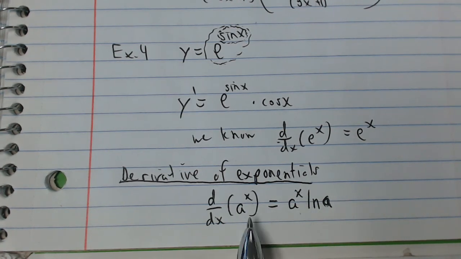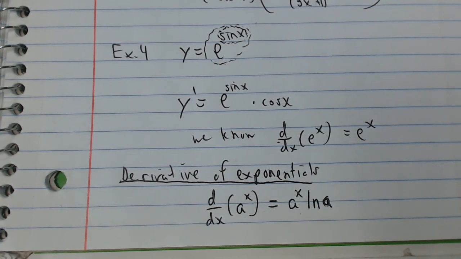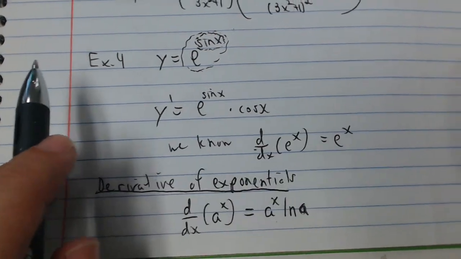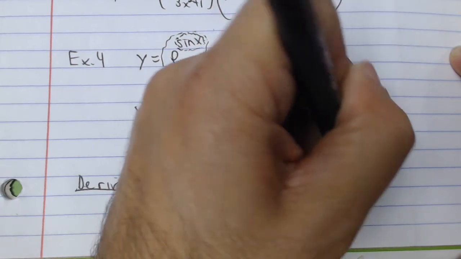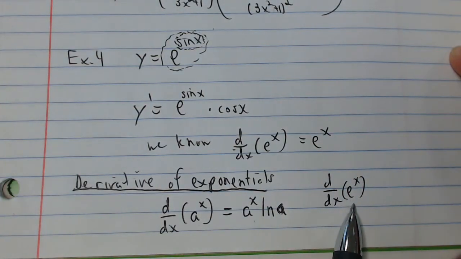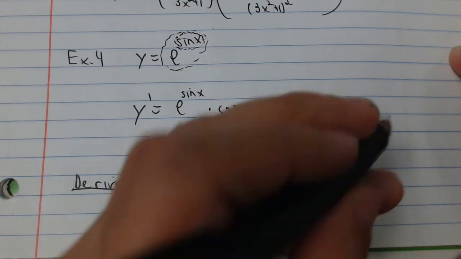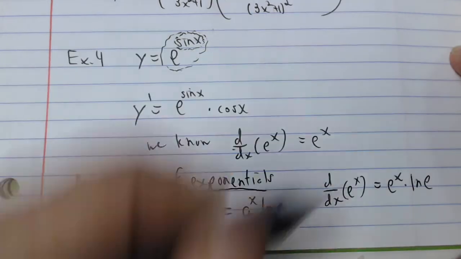I claim that this rule also applies to e to the x, except we don't bother writing the ln of a. Hopefully you can guess why. If I went off to the side and took the derivative of e to the x with respect to x, using this rule, that would be e to the x times ln of e.